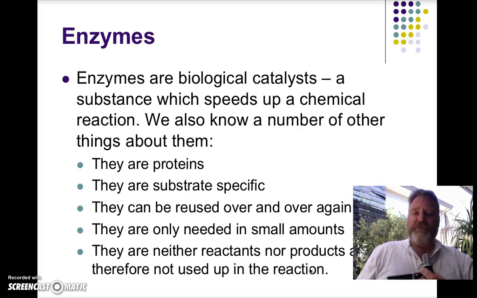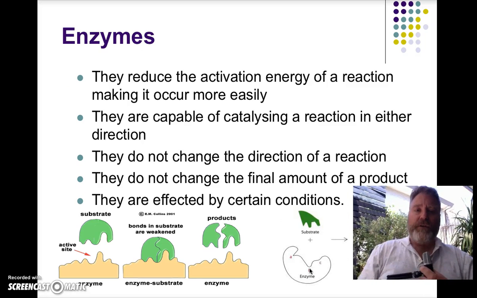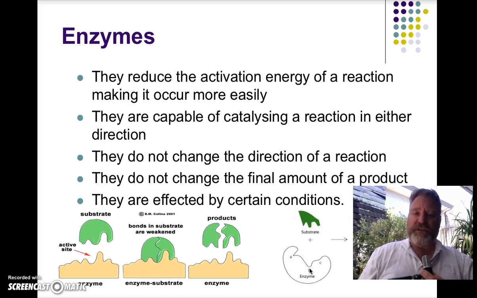They aren't considered reactants or products because they aren't used up in the reaction. They don't take part in forming the new thing we've made. We also know that they reduce the activation energy of a reaction, so it makes it easier for it to occur. They're capable of catalyzing a reaction in either direction, so building a new product or breaking it up. They don't actually change the direction of that reaction though.